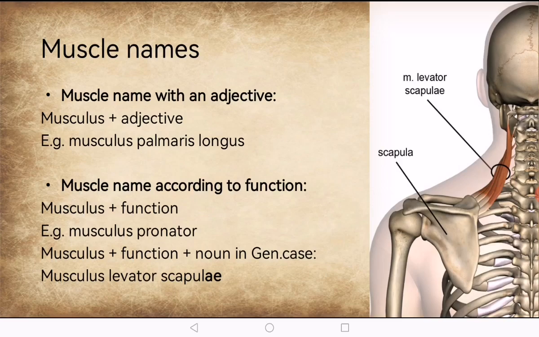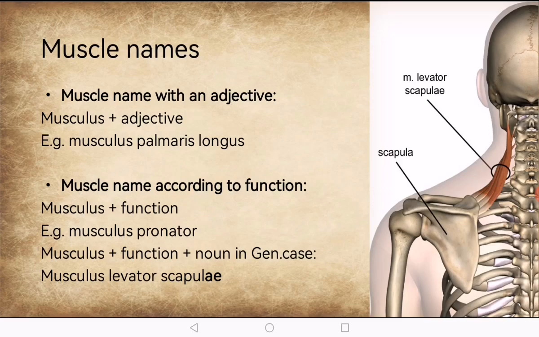First, here comes the word musculus, muscle. Even if it is omitted, it is still implied. We have to use it. It's obligatory. For example, we can't just say pronator. We have to say musculus pronator. Alright?